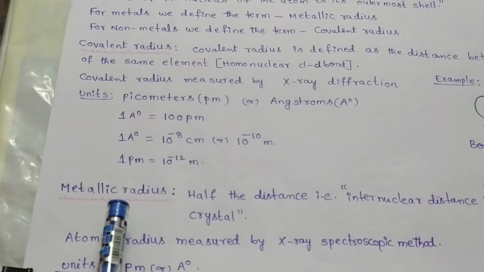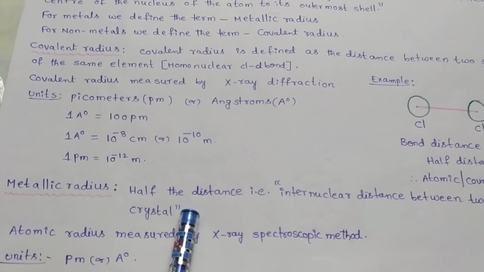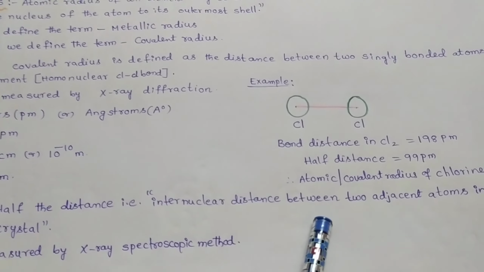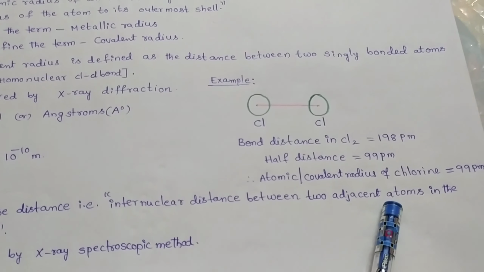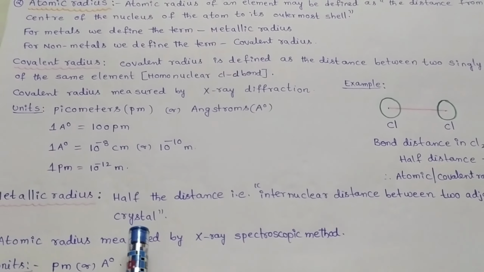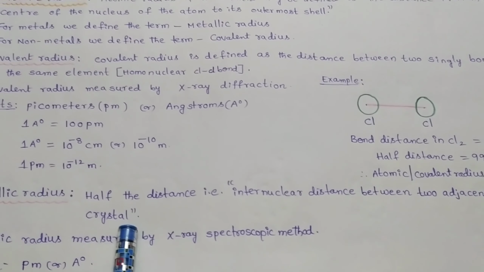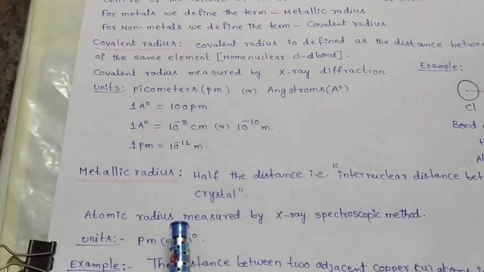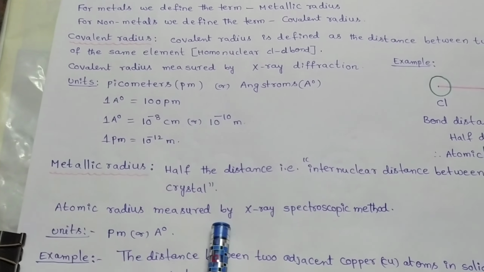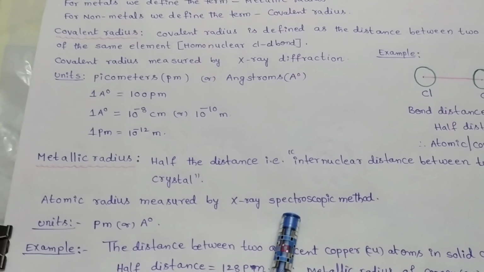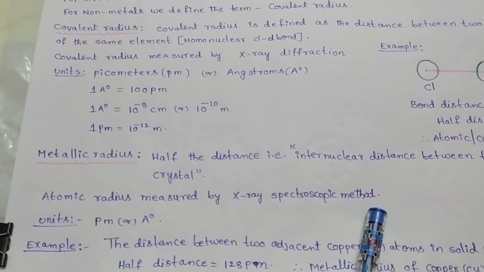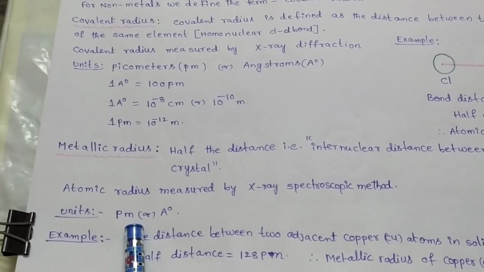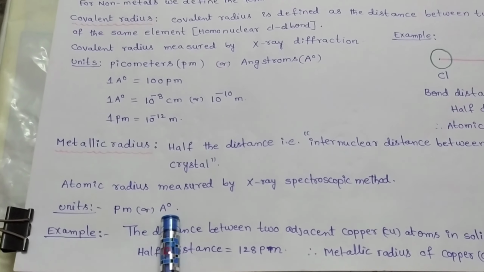Now we discuss the metallic radius. Half the distance, nothing but the internuclear distance between two adjacent atoms in the crystal lattice, is called metallic radius. This metallic radius is measured by the X-ray spectroscopic method. The units of metallic radius are either picometer or angstrom units.